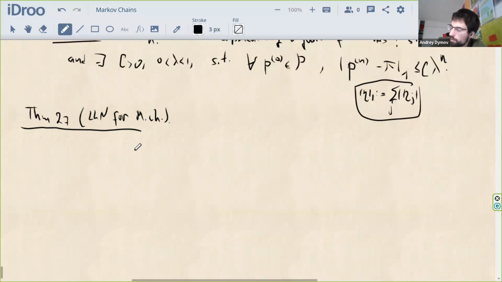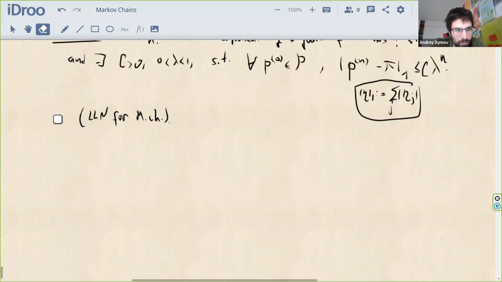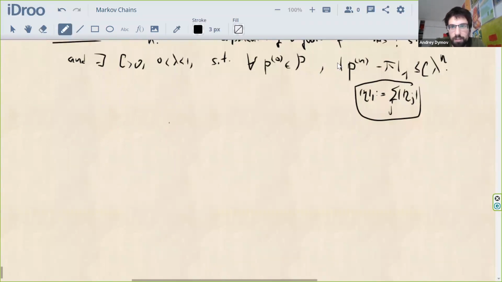No, wait. Unfortunately, before formulating the theorem, I have to prove another small lemma. So this will be lemma 27.